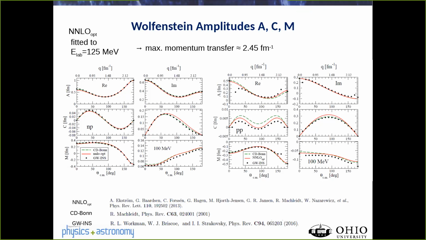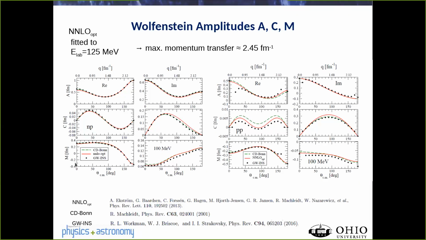So when you look this up here, the red line is N2LO opt. I compare it here, for example, with CD-Bonn, which is one of these high precision potentials and is viewed as a representation of the data.